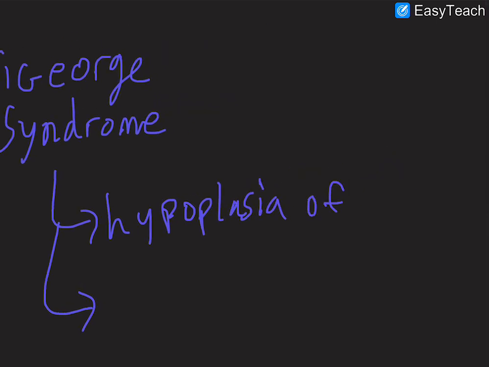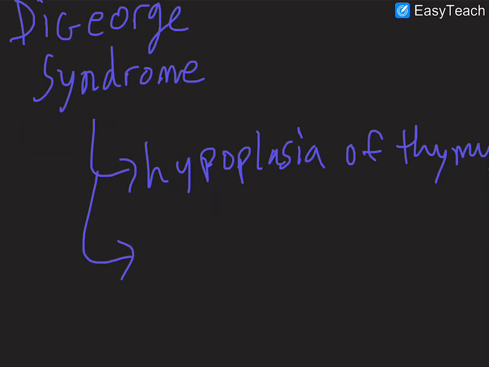And remember, you don't secrete as much PTH, so that's going to lead to hypocalcemia. So not only do you have heart defects, but you also have hypocalcemia and thymic hypoplasia.